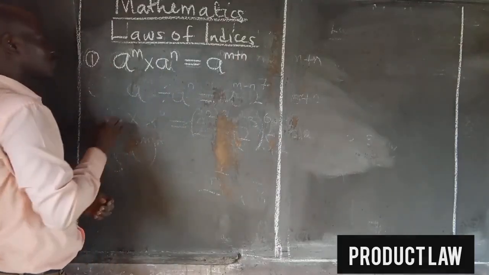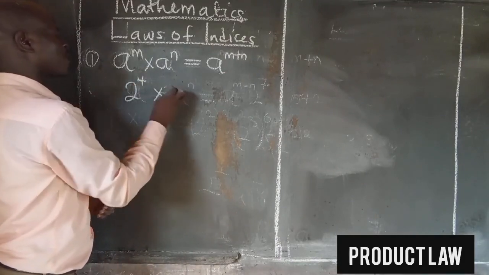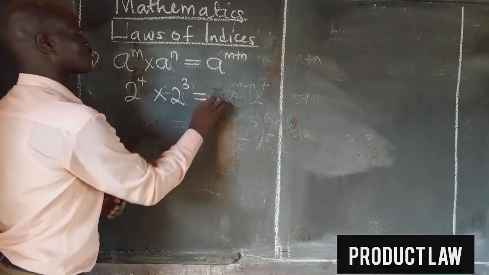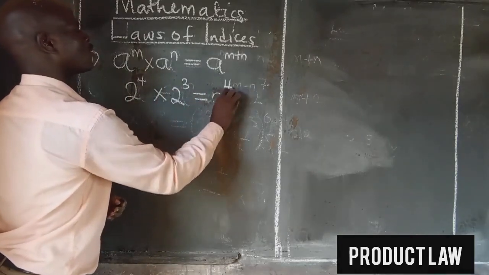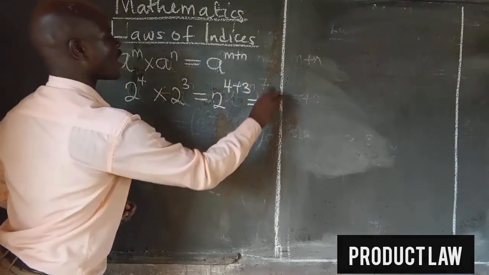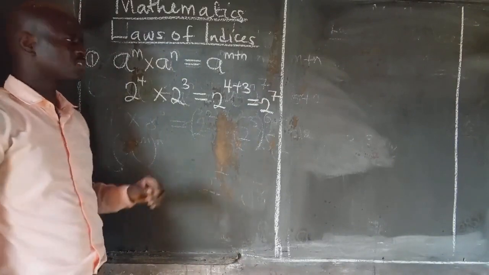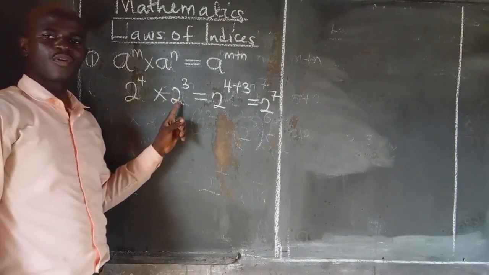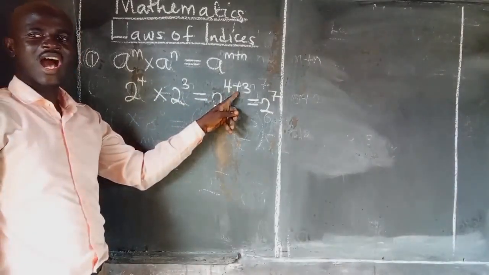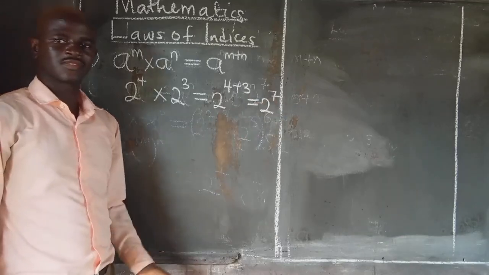For example, if we have 2 raised to power 4 multiplied by 2 raised to power 3, it will now give us 2 raised to power 4 plus 3, to give us 2 raised to power 7. Before you can apply this law, the base must be the same. They will just come here and add their powers up to give us 7.